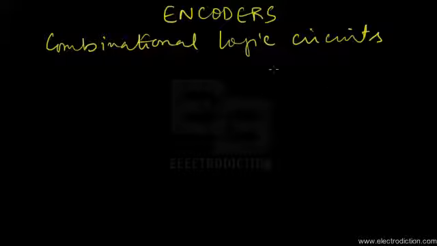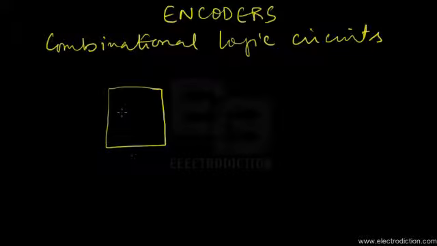Just before we move on to the details about the encoder operation, for the time being, consider that this square box that I'm showing you over here represents the circuit of an encoder. The encoder's input and output lines have a certain relationship between them.